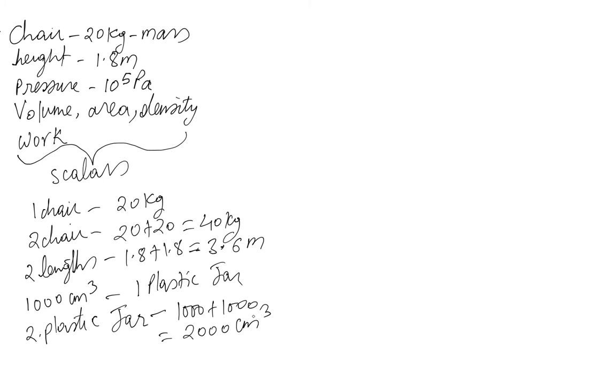But there are other sets of physical quantities that actually need more than a number. For example, one example is force, right? Now let's say we know that we are able to apply some force using our hands. Let's say we punch someone. So when we punch someone, we are applying force on someone's face.